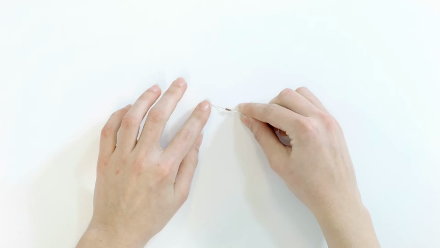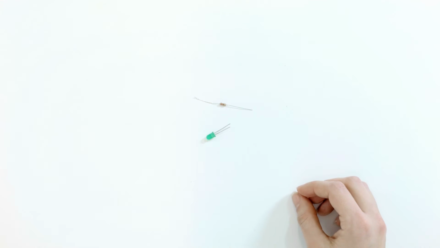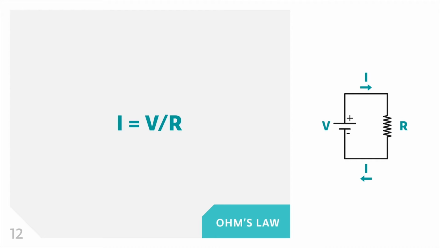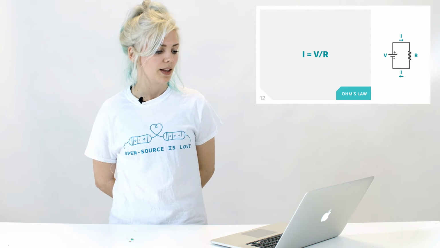So in this specific example, we need one 220 ohms resistor. It looks like this. If you want to calculate the resistance of your circuit, you can simply use Ohm's law.